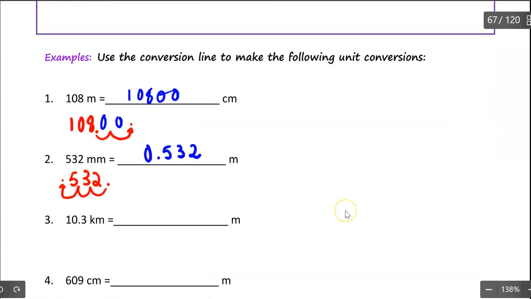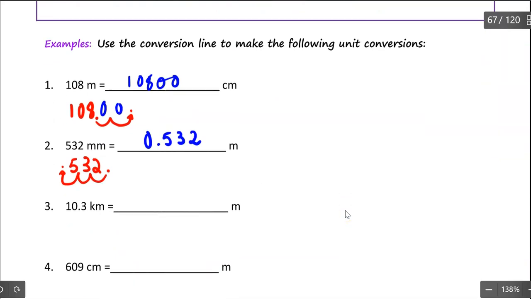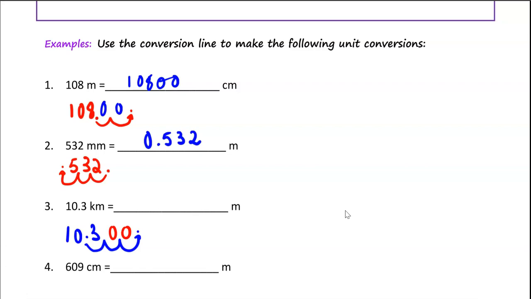So I do the exact same thing for my quantity here. So 10.3, I am to move this decimal point 1, 2, 3. So the decimal point now is there. So I have to put in 0 as a placeholder. So in this case, the number I'm going to convert to is 10,300.